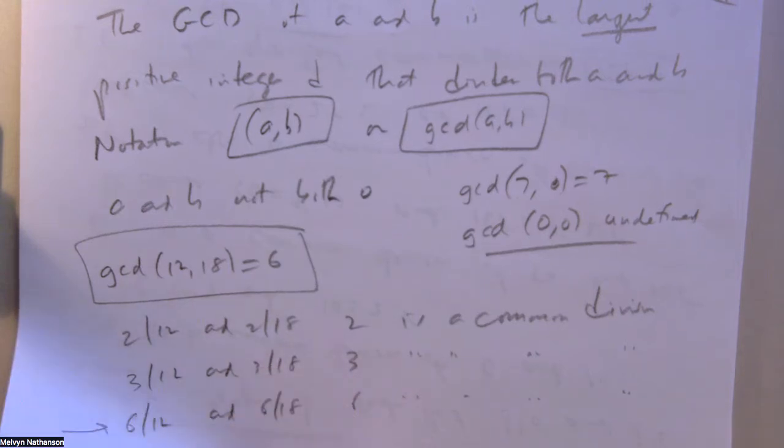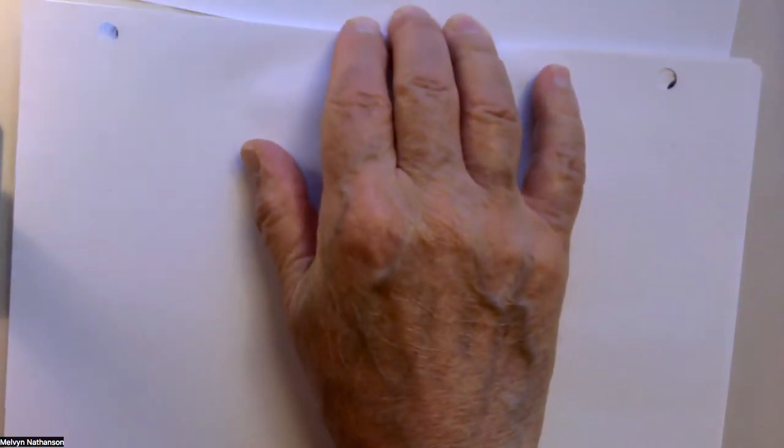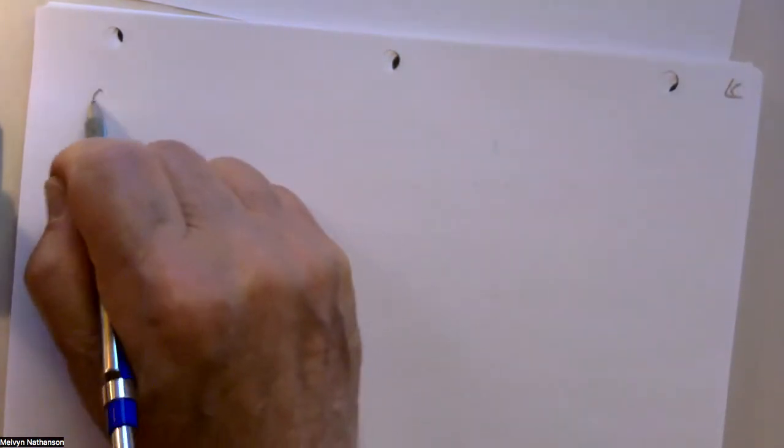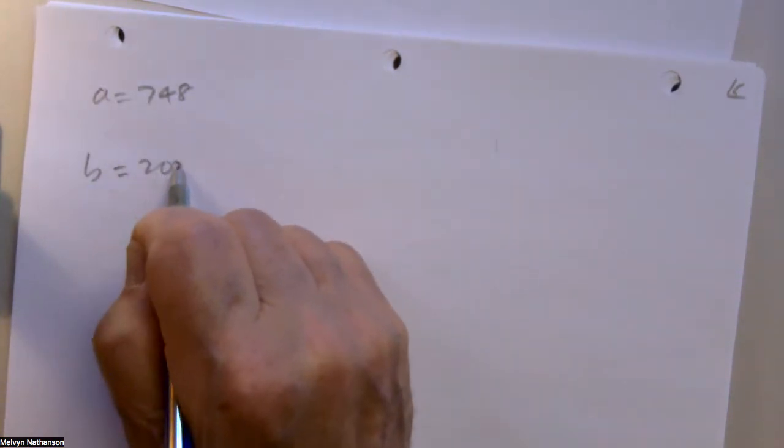So for small numbers, it's pretty easy to figure out what's going on. But for larger numbers, it's not quite so easy. So suppose I take, let's say, A equal to 748 and B equal to 2024.